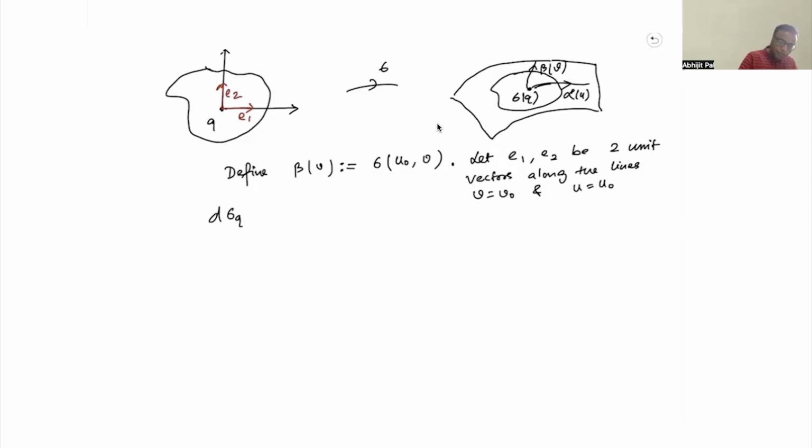So now if I apply d sigma on this E1, d sigma is a linear map, so it will take it to a vector in R3. What will be that vector? This is nothing but alpha prime u. This is the tangent vector.